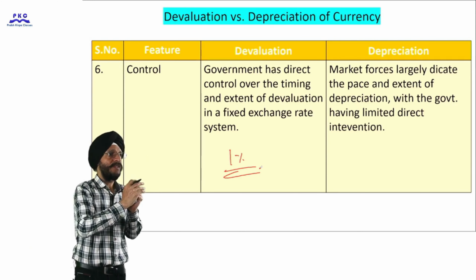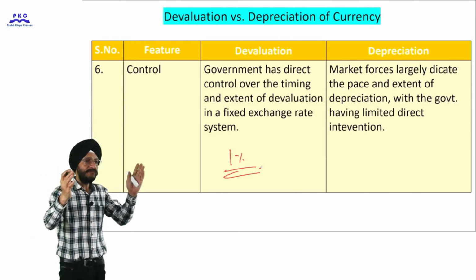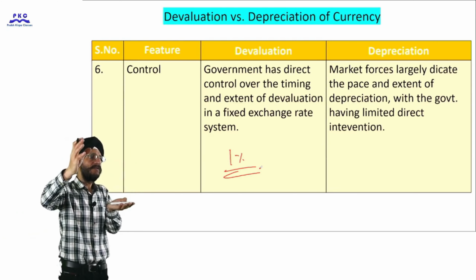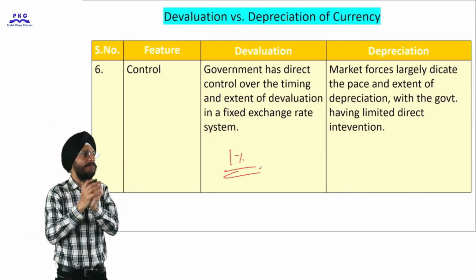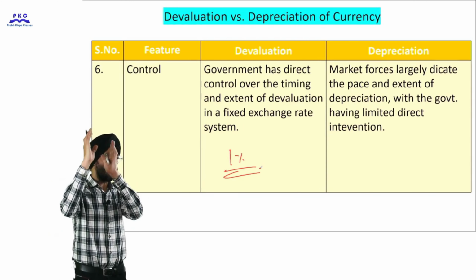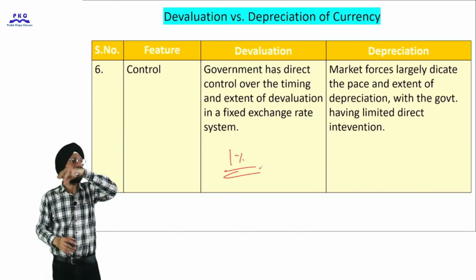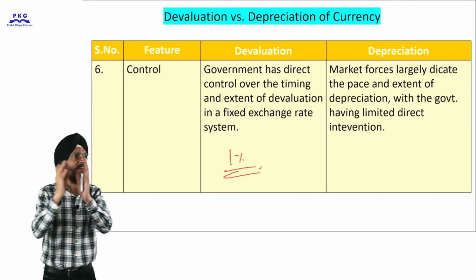Government decides. But in the case of depreciation, it is the demand and supply in the foreign exchange market which decides the depreciation. Market forces mostly dictate the pace and extent of depreciation.